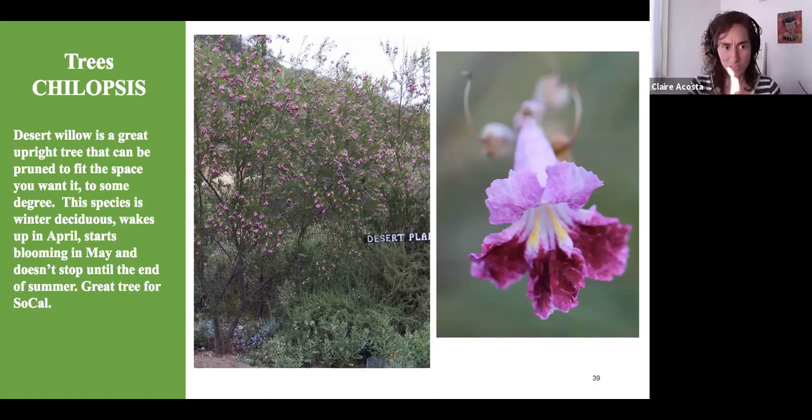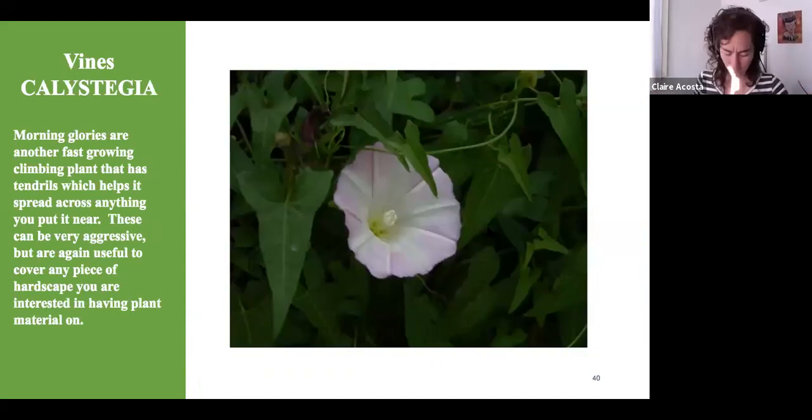It is winter deciduous, but when it wakes up in April, it doesn't stop blooming until the end of summer or so. So it has a long bloom time, and it has these big, lovely flowers. You can tell by the shape that hummingbirds would like it. It has a little fragrance that's nice. It's a nice tree option, a desert native, hence desert willow, I suppose.